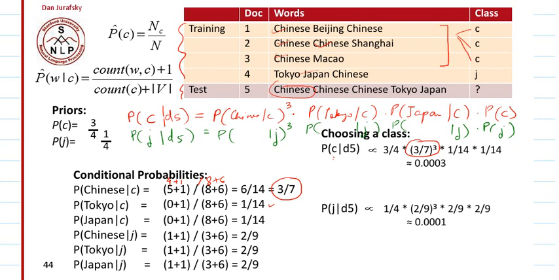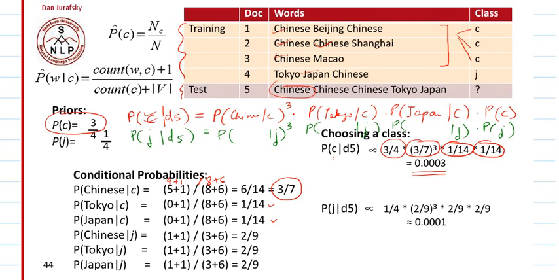Then Japan given C is also 1 by 14. And then we have P of C, which is 3 by 4. That is equal to 0.0003. Alright, so we have done this for class C.